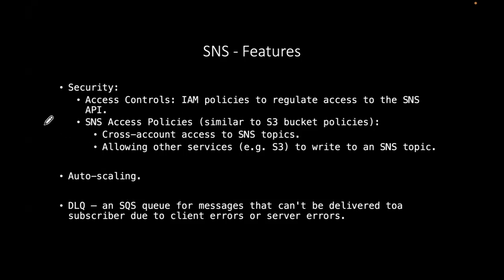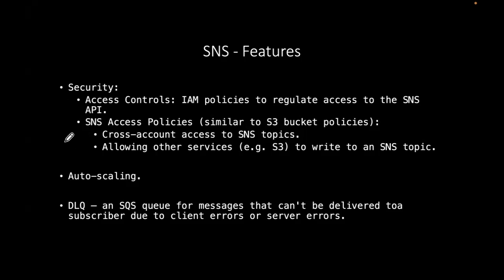Security, similar kind of security model, really, as was the case with SQS. The publishers and the subscribers have to have the relevant IAM policies for all of this to work, right? And you can also control who can access a particular SNS topic from other AWS accounts, even though we didn't look at any of that in relation to SQS either, and we won't look at it here.